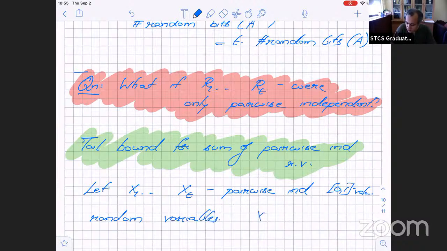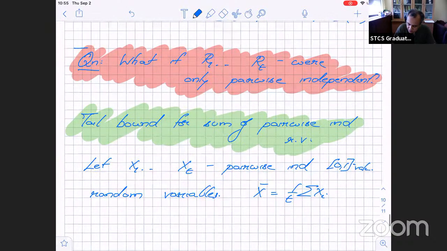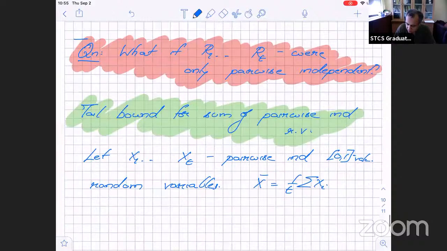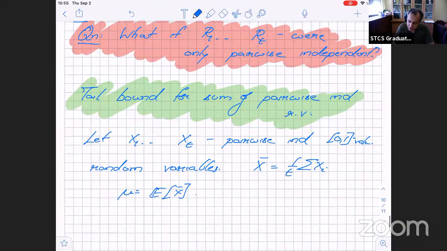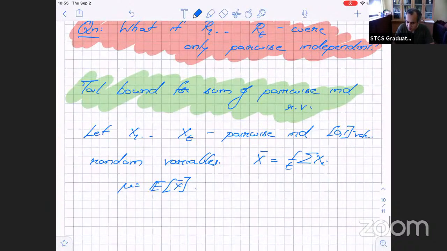We define as before x bar as the average of them, 1 over t times the sum. Mu is the expectation of x bar. I'm going to ask the same question: the probability that x bar minus mu is greater than epsilon. I want to put a bound on this.